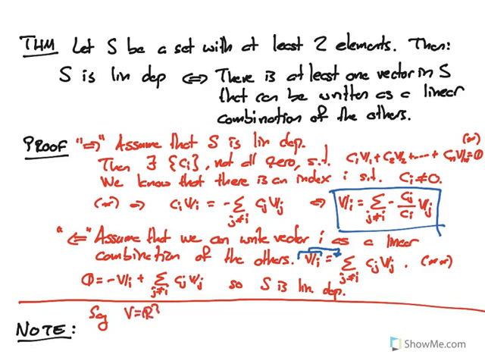So if you're in R3, you may have V1, say this is (1, 1, 0), and V2 is (2, 2, 0), and then V3 is (0, 0, 1). Then S is the set of all these.